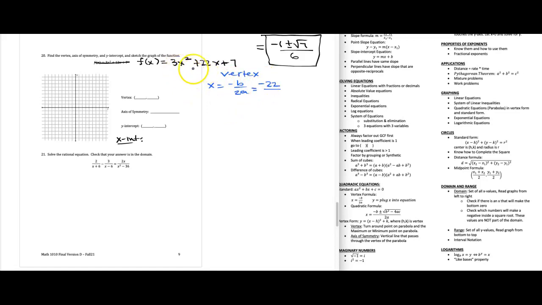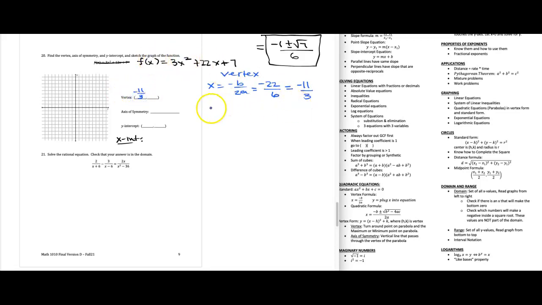Oftentimes they'll work out nicely. We reduce those: 2 goes into both, so that's negative 11 over 3.